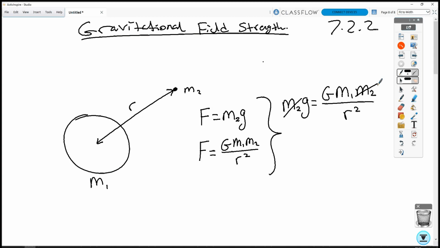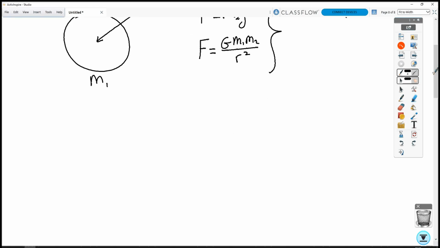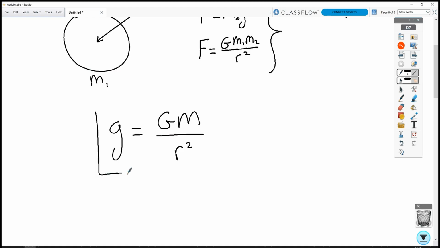We're only talking about the Earth's mass. So we get a nice equation out of that, which is that g equals G m over r squared. Put a box around that, that's an equation you need to know.